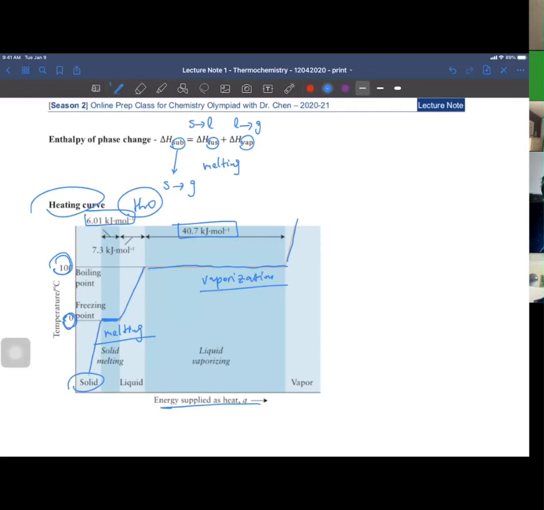This heat is a little bit problematic because, okay, it's kilojoule per mole, which means for 1 mole of liquid water, if you increase the temperature from 0 degrees Celsius to 100 degrees Celsius, the heat needed will be 7.3 kilojoule per mole. I want to double check because there's no phase change during this process, right?